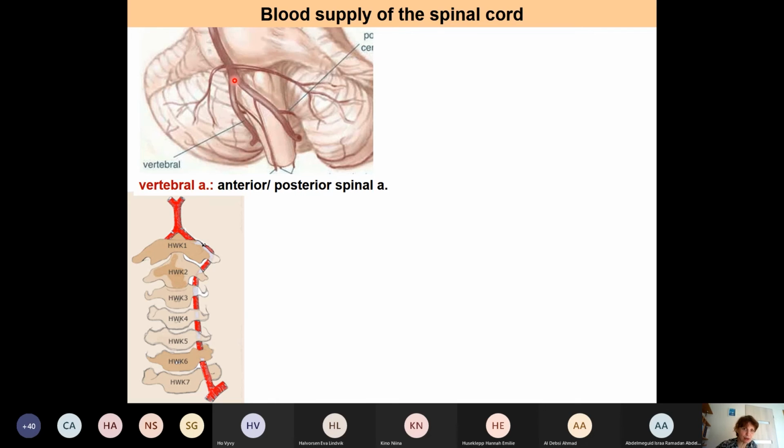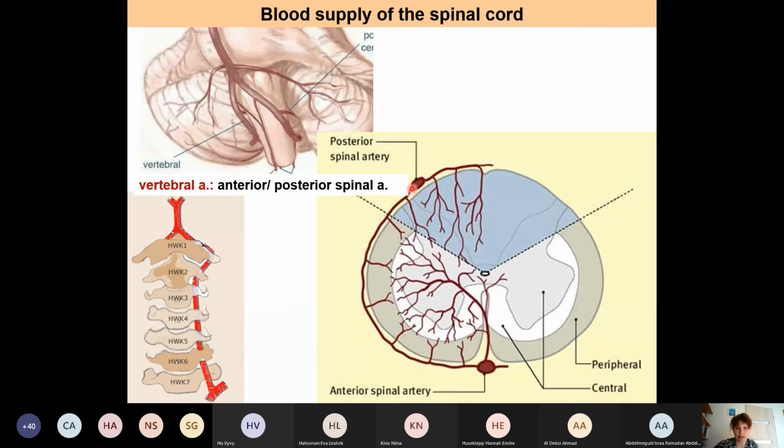But before they fuse, they give two branches, the anterior and posterior spinal arteries, and the anterior spinal arteries fuse with each other, so we will have one piece of it which runs in the middle of the anterior surface, but the two posterior arteries do not fuse with each other.